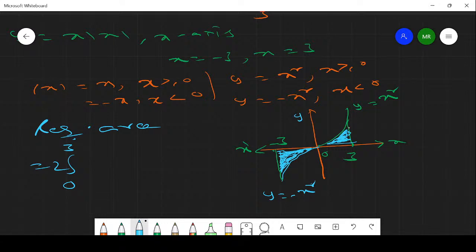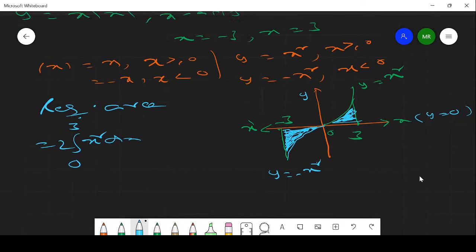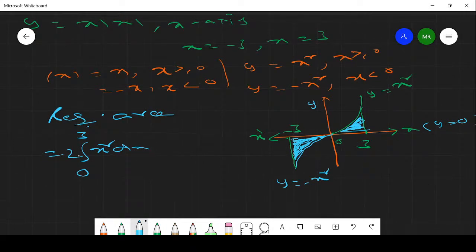This is a curve y equal to x square, upper curve minus lower curve. I can consider upper curve y equal to x square, lower curve y equal to 0, the difference of this. I can write upper curve minus lower curve, x square minus 0, x square dx. Now it is easy to solve this problem. The integral of x square dx is x cube by 3.